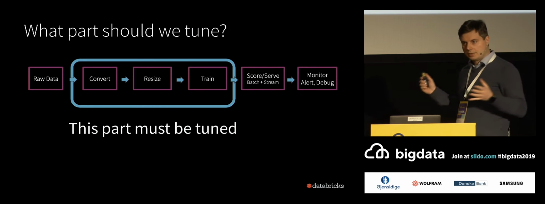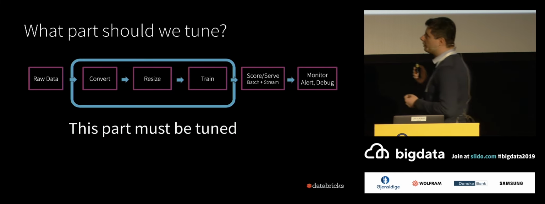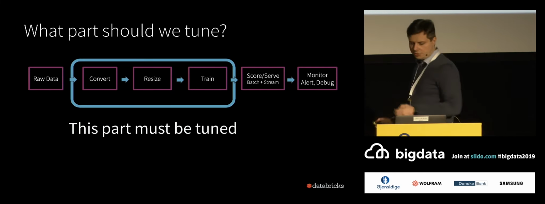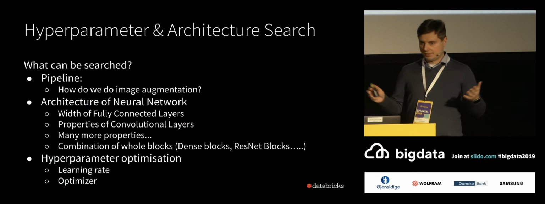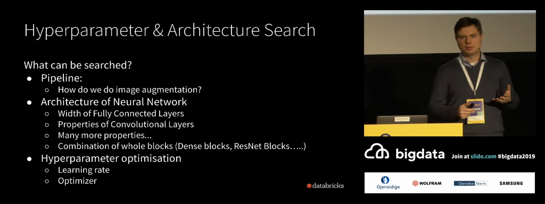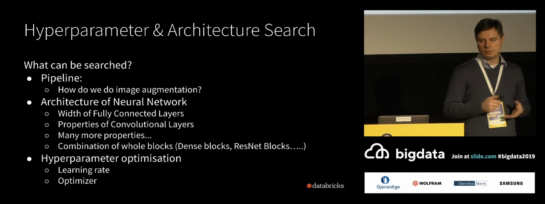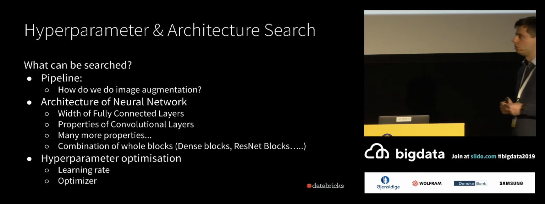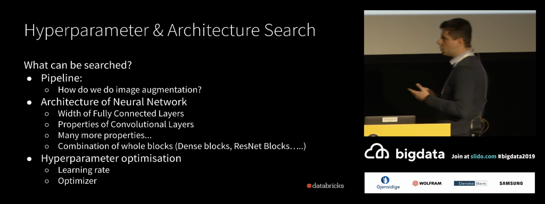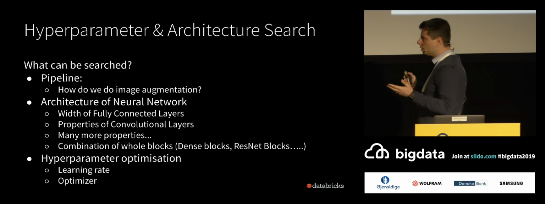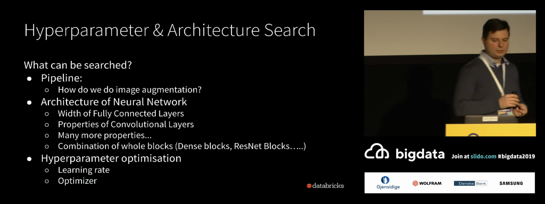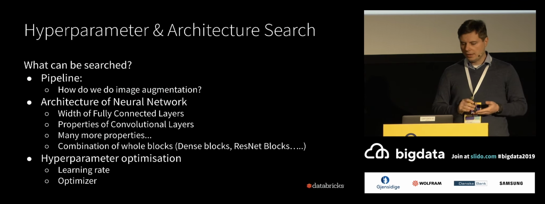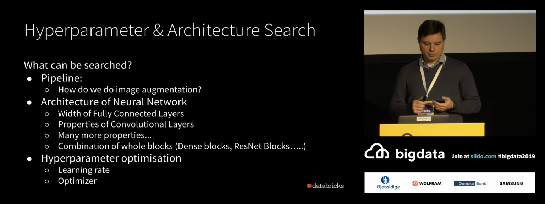If we have a really big image dataset, we can actually also tune the whole architecture. Let's say we have a convolutional network, and we can tune different properties of the convolutional network. We can tune fully connected layers, try different configurations. Of course, we can tune the probability that we have in dropouts.